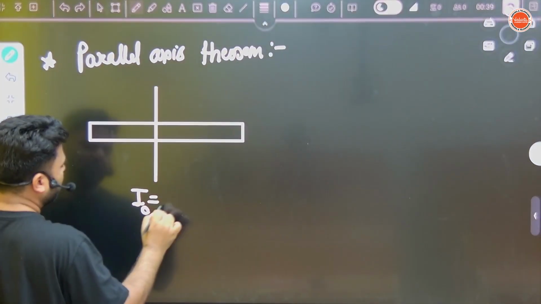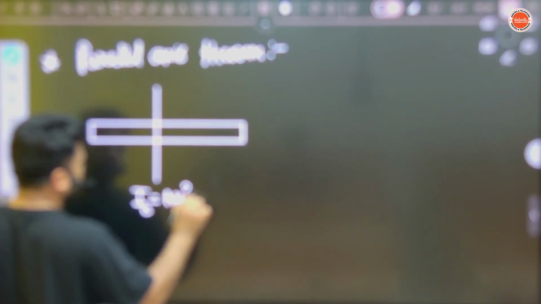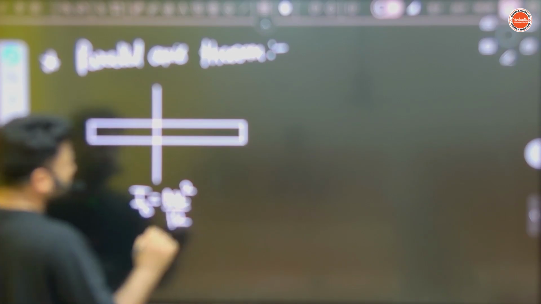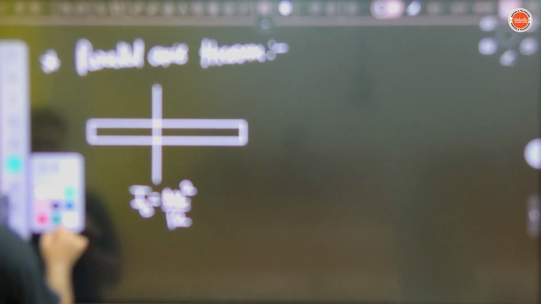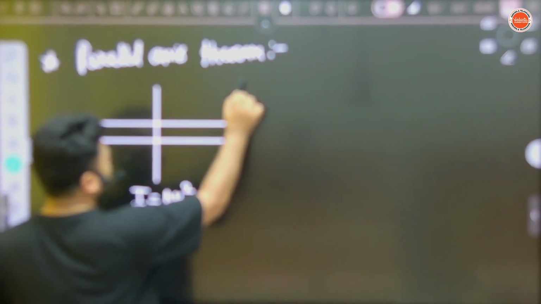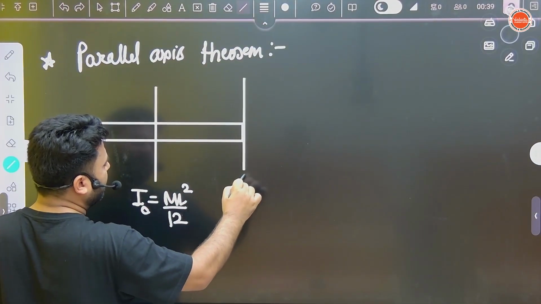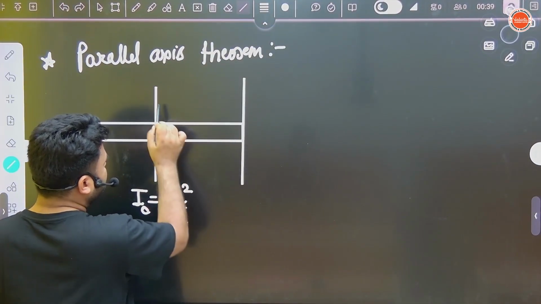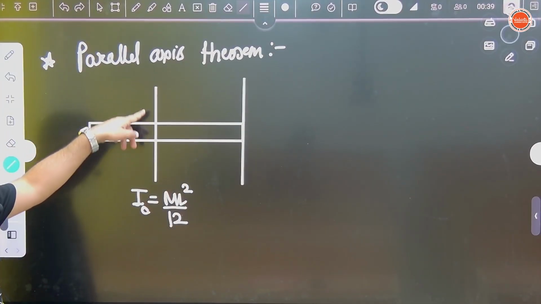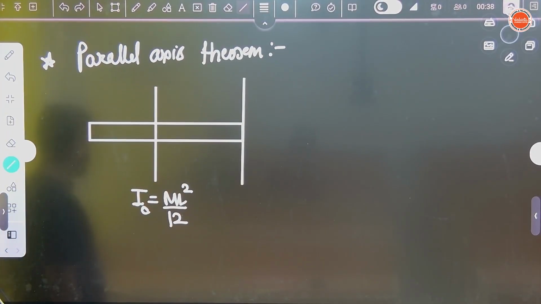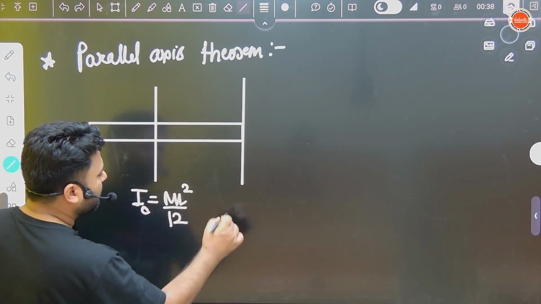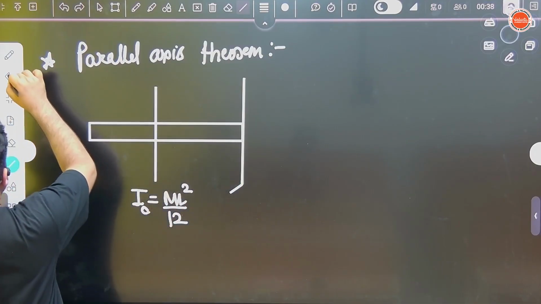We know that the moment of inertia about the center of rotation is ml square by 12. Just now I told. Now what does the parallel axis theorem say? If you want to know the moment of inertia of any object about an axis which is parallel to the central axis, I want to know the moment of inertia about this axis.